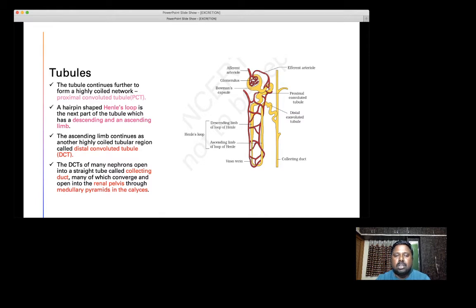This loop is divided into the descending limb and the ascending limb. The ascending limb continues and forms another tubule called the distal convoluted tubule or DCT. The DCT opens into another tubule called the collecting duct, which opens into the renal pelvis through the medullary pyramids of the calyces.